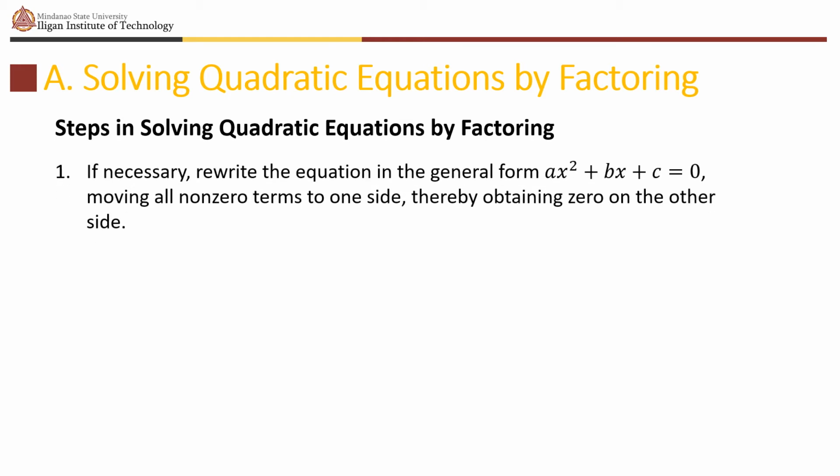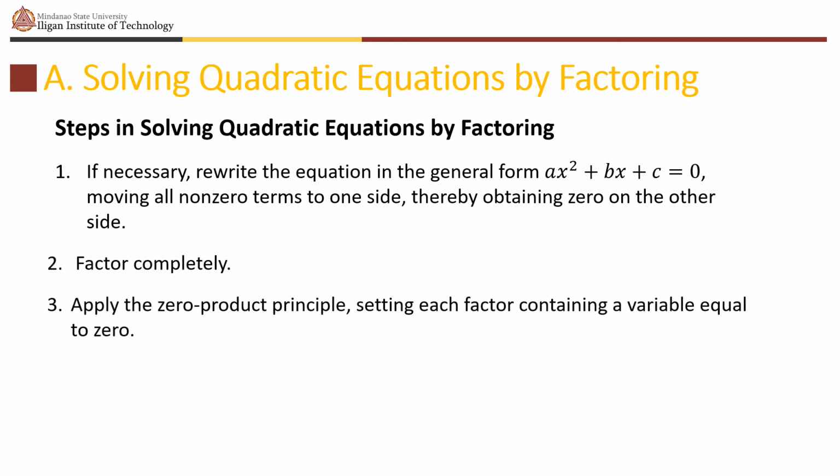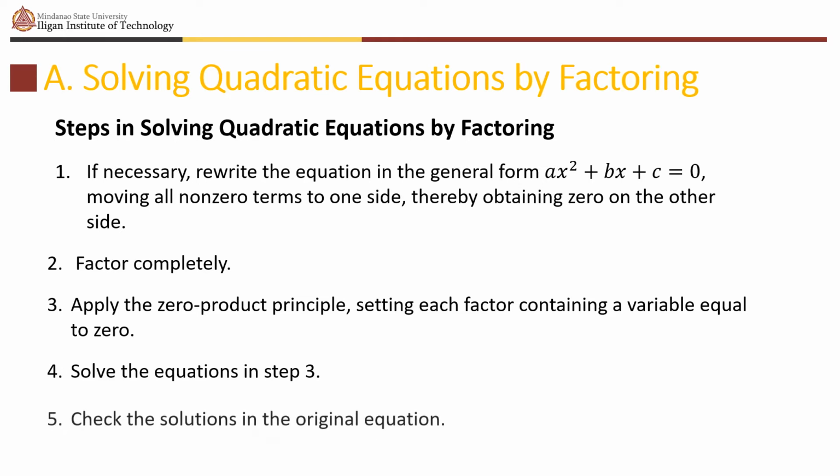Then factor completely. Next would be to apply the zero product principle, setting each factor containing a variable equal to 0. Then solve the equations in step 3. Finally, check the solutions in the original equation.